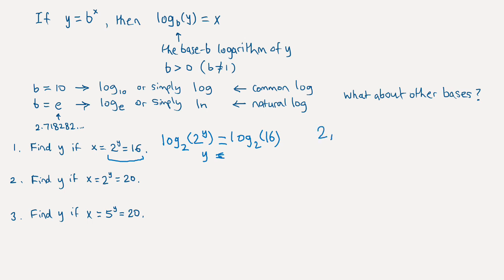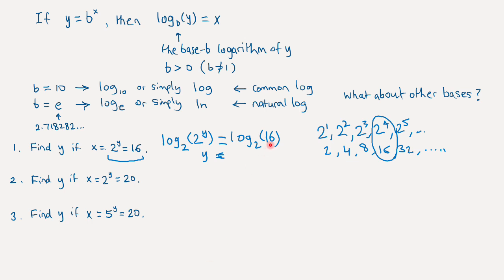Let's think about the powers of 2. 2 to the 1, 2 squared, 2 cubed, 2 to the 4, 2 to the 5, etc. So 2, 4, 8, 16, 32, etc. Here we have 2 to the 4 is 16, and so that's what we're looking for.